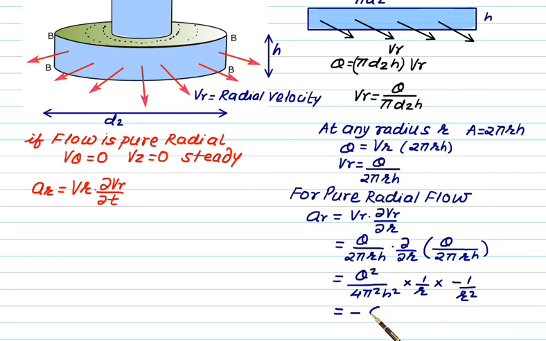So we get minus q square divided by 4 pi square h square r cube. The negative value indicates that we have a deceleration. At the inner ring we have less area, and the area goes on increasing, which means that we have deceleration. So this is a simple numerical for pure radial flow.